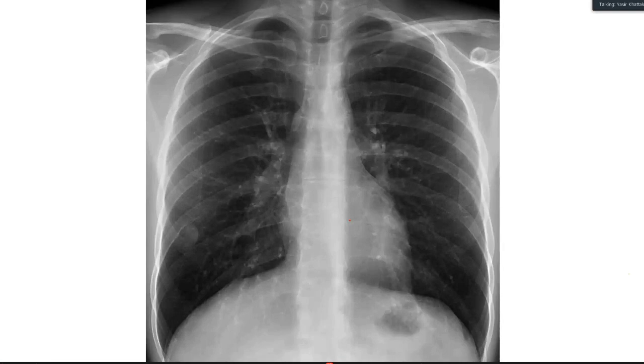If you see this finding, that means it's an extrapulmonary finding, with the rib associated. What is underneath the rib anatomically? What runs underneath the rib? So pleura? No, pleura is inside the rib. But what is beneath the rib?